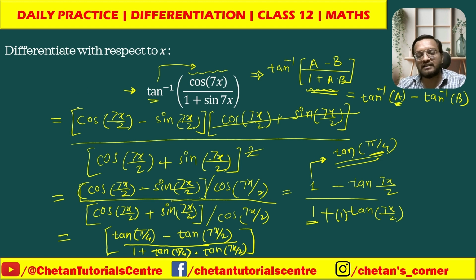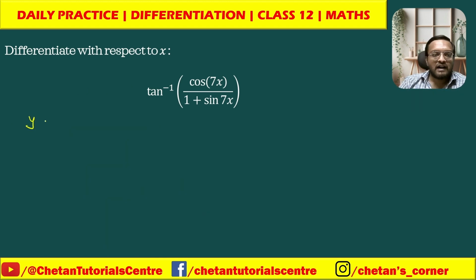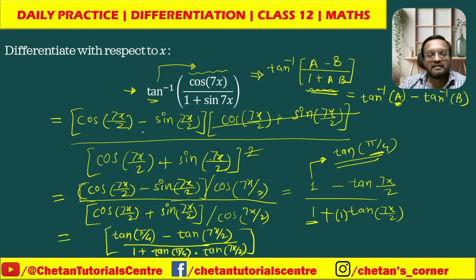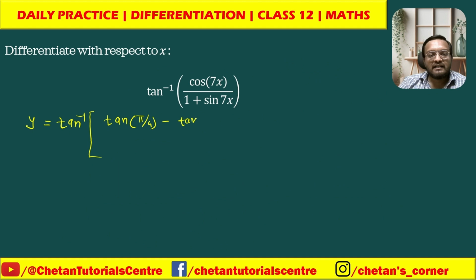Then what I will get, y is equal to tan inverse of tan pi by 4 minus tan 7x upon 2 divided by 1 plus tan pi by 4 into tan 7x upon 2.